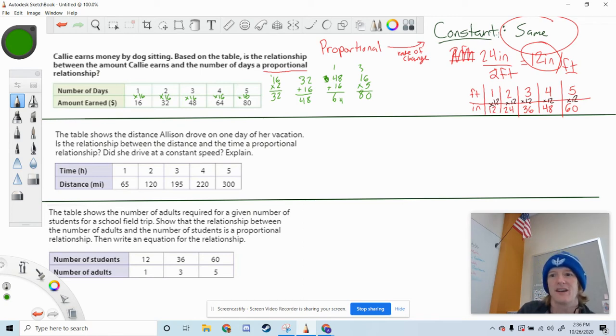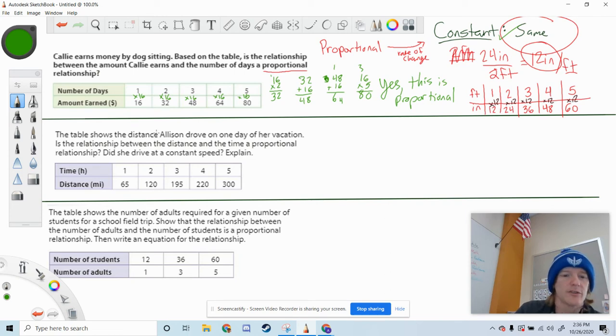They're always constant, they're always the same, then it is proportional. So based on the table, is the relationship between the amount she earns and the number of days a proportional relationship? Yes, this is proportional. There we go.